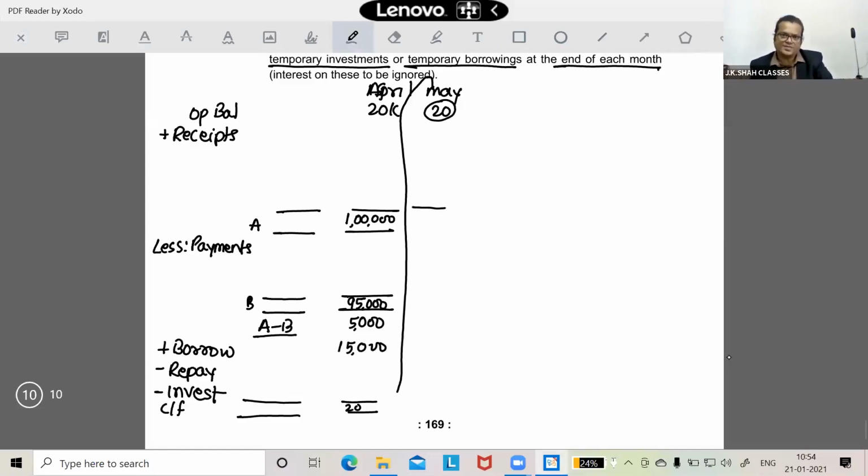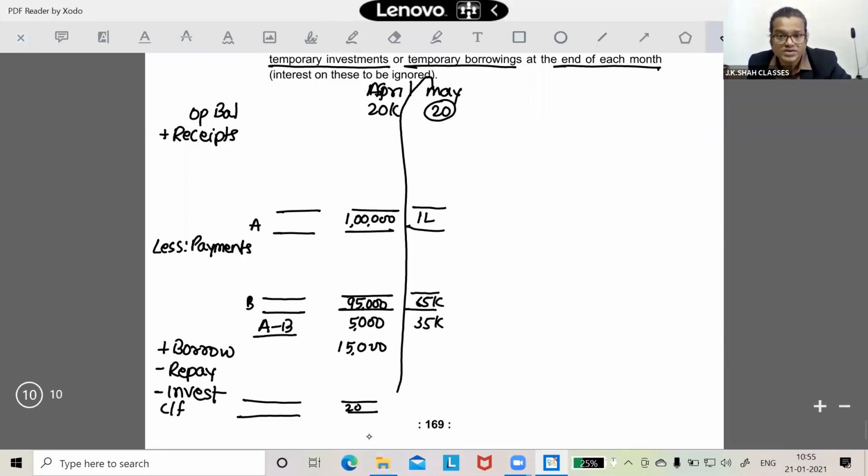Now let's say this is again 1 lakh. And let's say this is 65,000. So now you tell me how much is left out. 35K is left out.